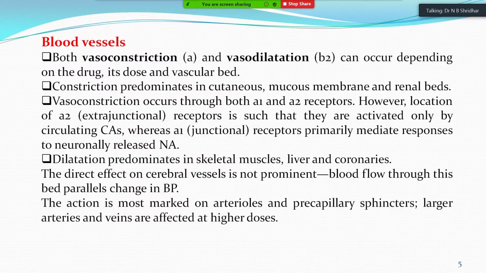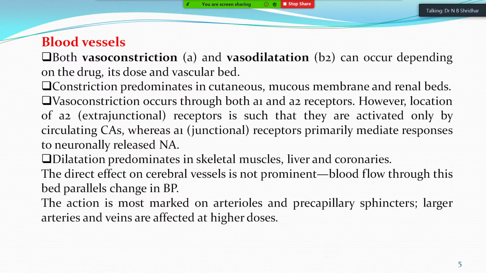However, alpha 2 is an extrajunctional receptor, so it is activated only by circulating catecholamines, whereas alpha 1 is a junctional receptor, primarily mediating the response to neurally released norepinephrine. Here again there is a tricky thing.